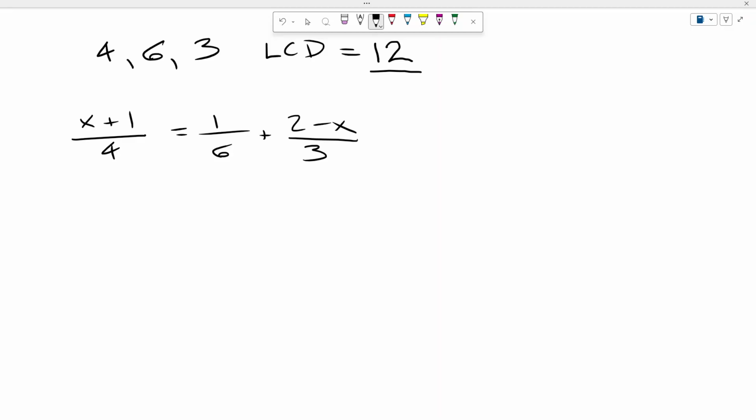So let's start, and I'm going to try to make this as simple as possible to see. I'm going to use 12 as a fraction as well.